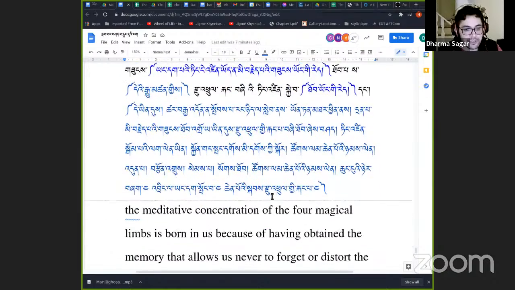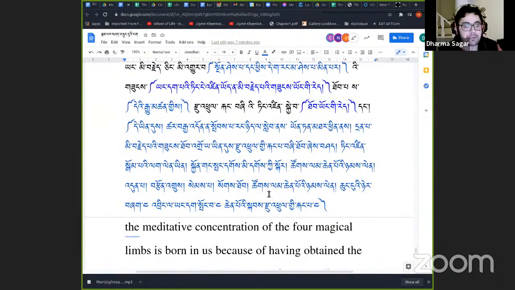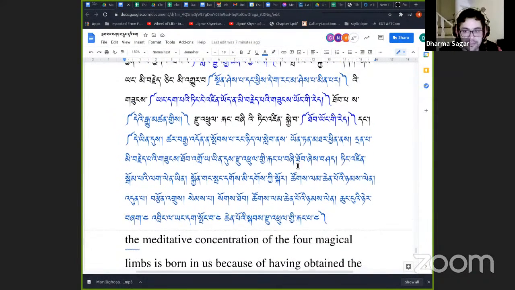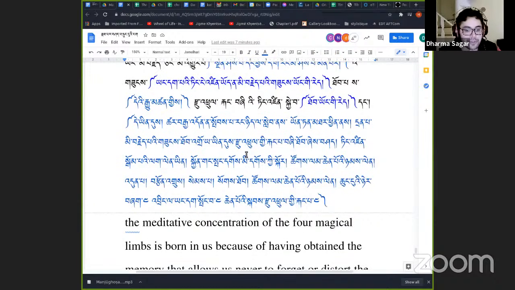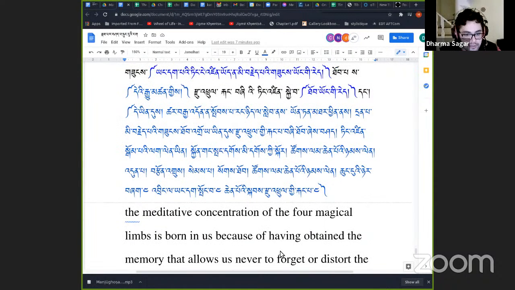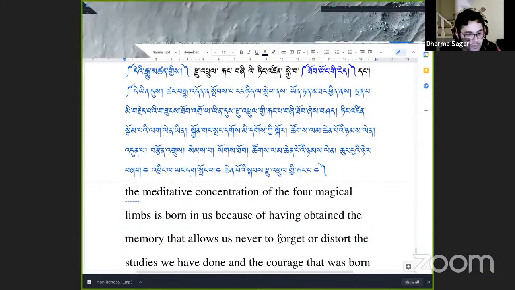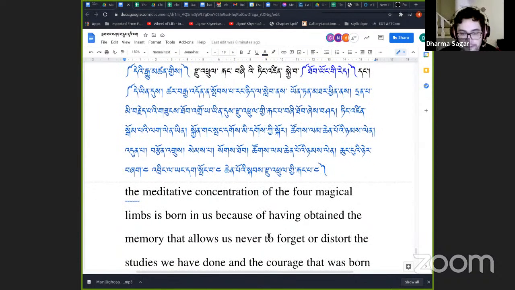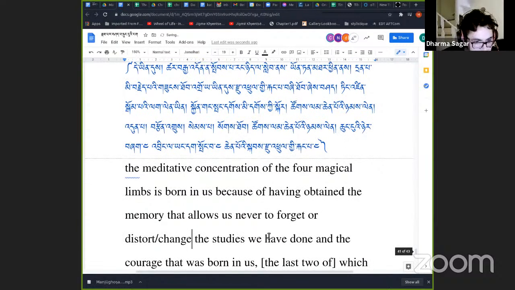For "not distort", his explanation is that what we have learned before may happen to be understood slightly differently later because of something that happened in between. But here that is not what is happening. So the correct understanding that we had at the beginning does not change into something that is not correct. That is what distort or change means.